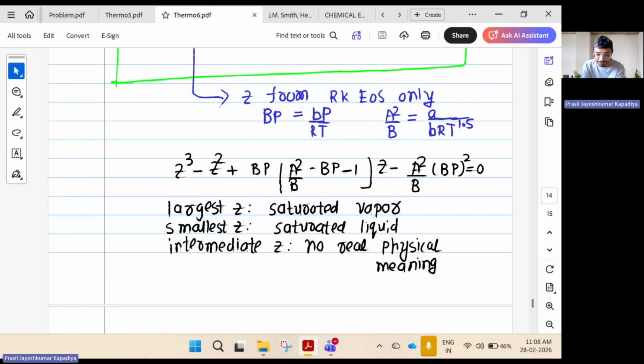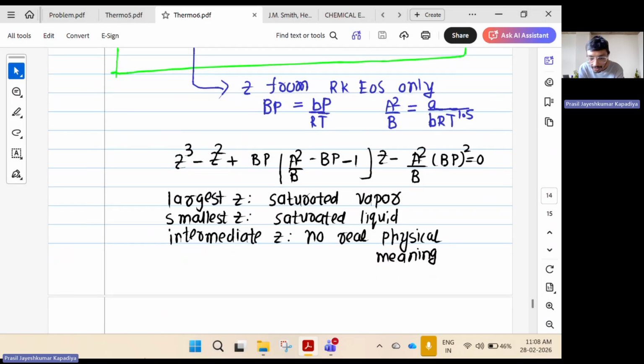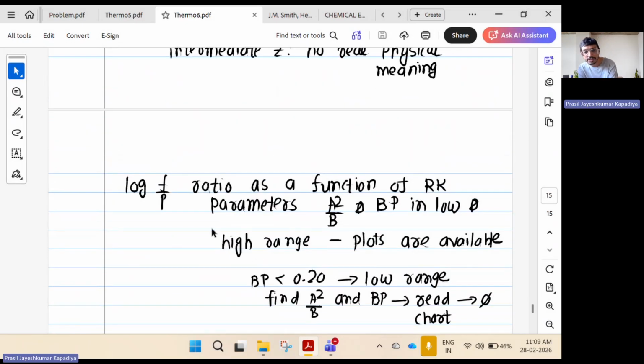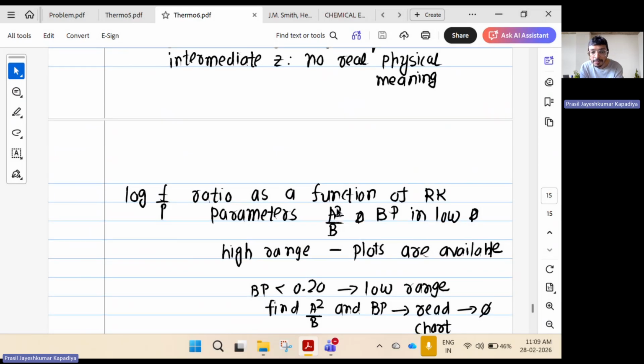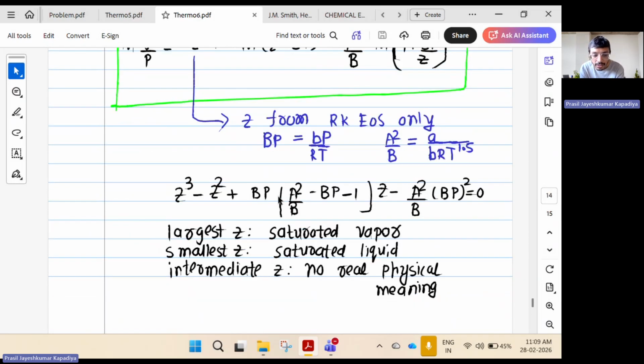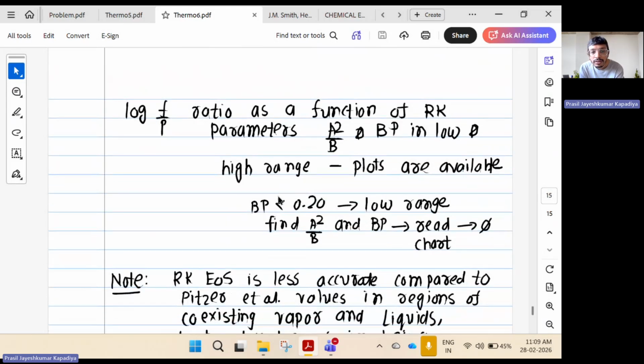We have already seen there will be one intermediate value of Z which has no real physical meaning. Okay. So this log phi by P ratio is a function of RK parameters, which are A square by B and BP. For low and high range values of A square by B and BP, some plots are available in the literature.